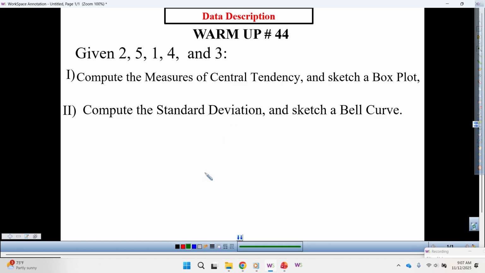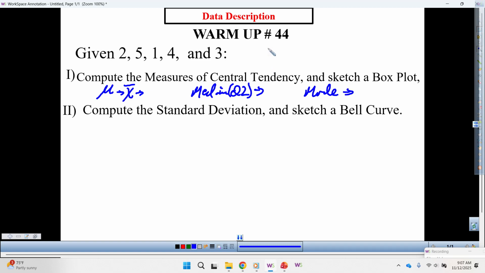For number 1, measures of central tendency, reminder, we have the mean. We use two types of symbols, mu and x bar. The second one is the median, also known as what? Q2. And mode.